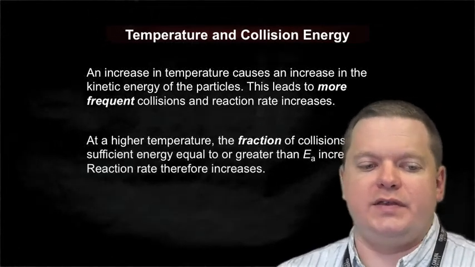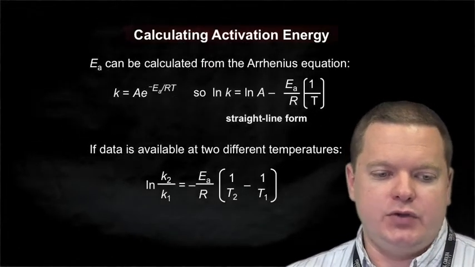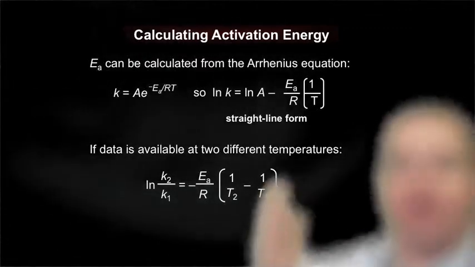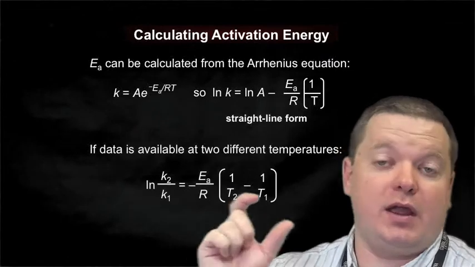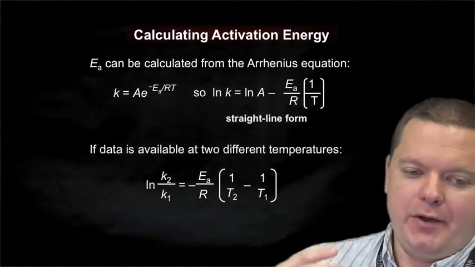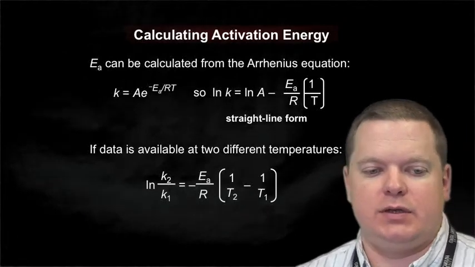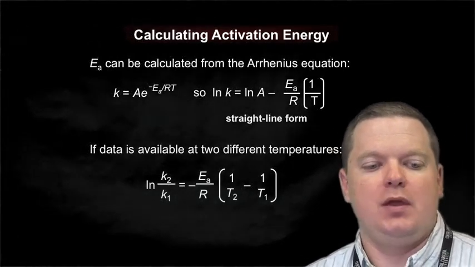We can calculate this activation energy by modifying this Arrhenius equation. Right? So we take the Arrhenius equation at the rate constant at two different temperatures. We can then calculate, again, a straight line form of this Arrhenius equation.